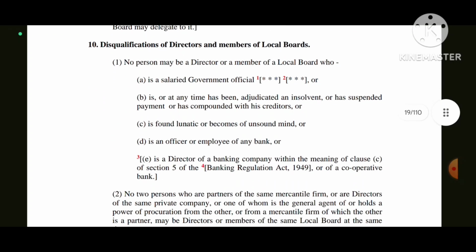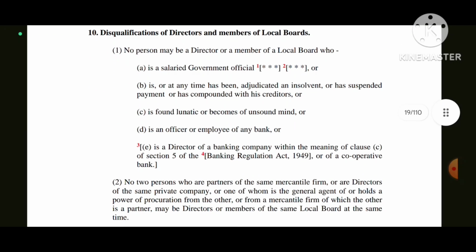Next section, section 10, disqualification of directors and members of local board. Till now we have seen the appointment of the director.